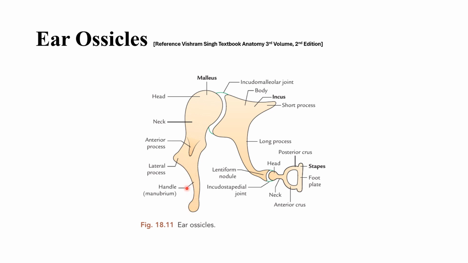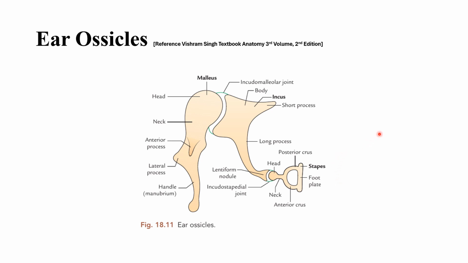Handle is also called the manubrium. So this is the lateral process and this is the anterior process. That means the tympanic membrane is situated here, and the outside part is the external ear, and on this side towards the stapes there is the internal ear.